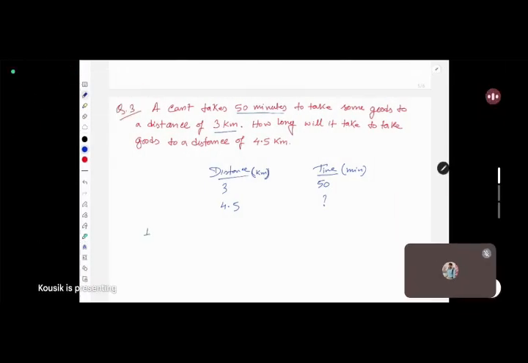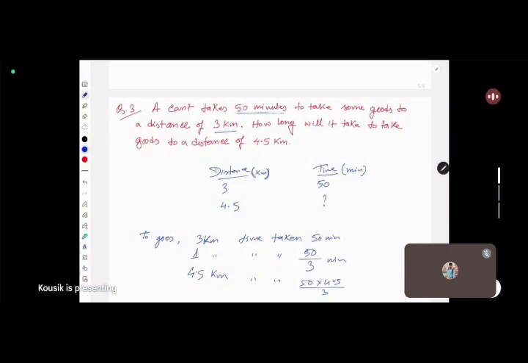So in 3 km, time taken is 50 minutes. So for 1 km the time taken will be 50 by 3 minutes, less distance, less time. For 4.5 kilometers the time taken will be 50 into 4.5 by 3.